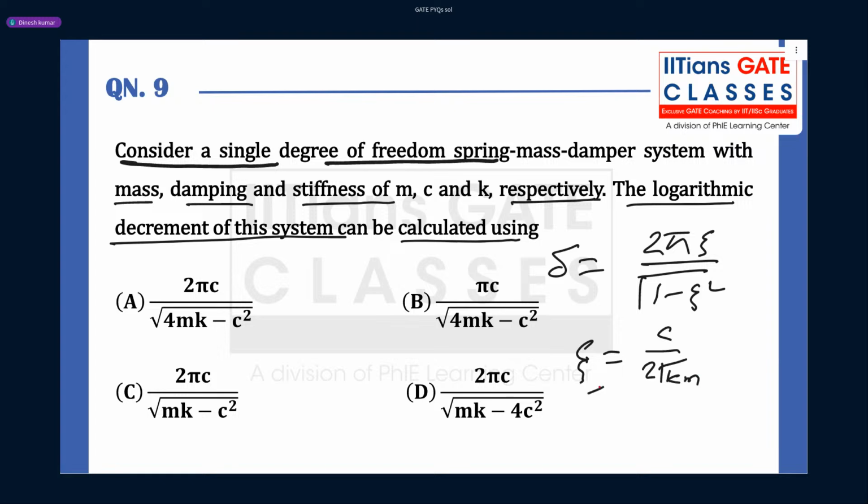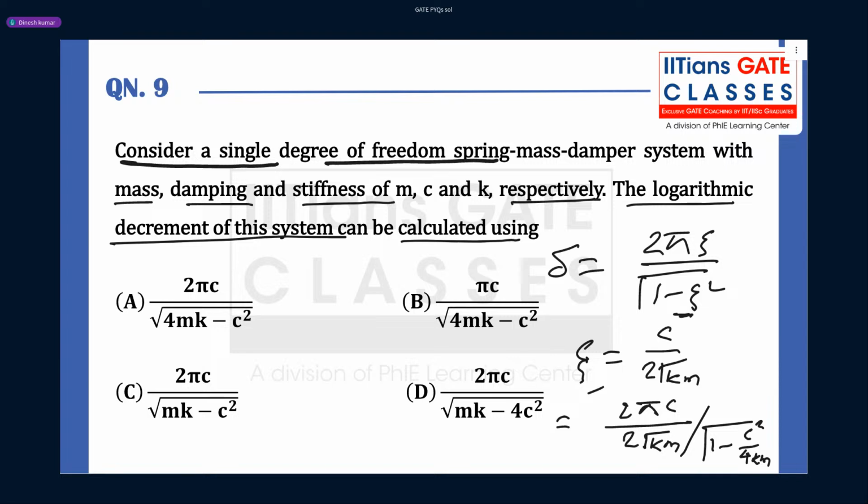Now if you substitute the zeta value in this equation, you will get 2 pi c upon 2 under root km divided by under root 1 minus c square by 4 km.